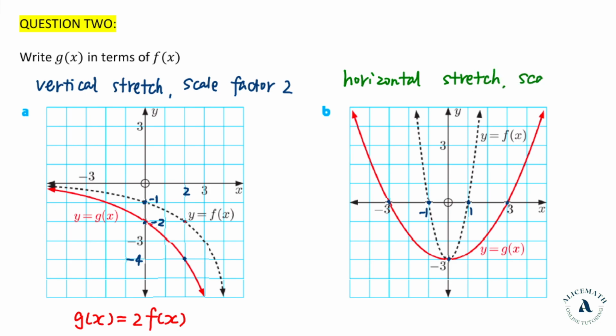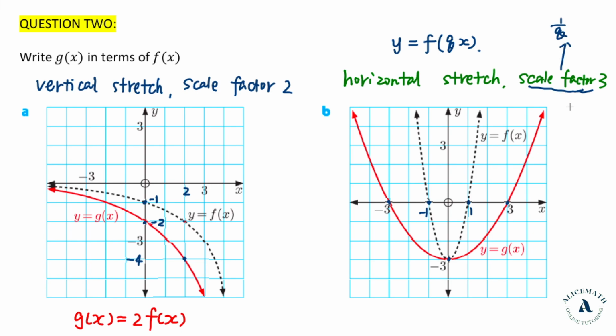The scale factor is 3. Normally we write y equals f(qx), and the scale factor is 1 over q.